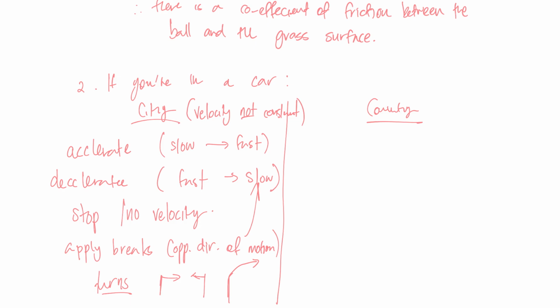But if you're in the country, and let's say you drive into places like Drakensberg or Eastern Transvaal or Durban, wherever the case is, if I have longer, clearer roads, I can achieve a constant velocity.